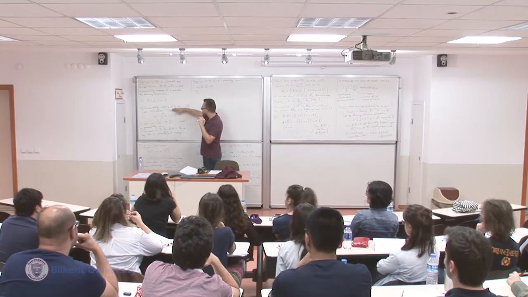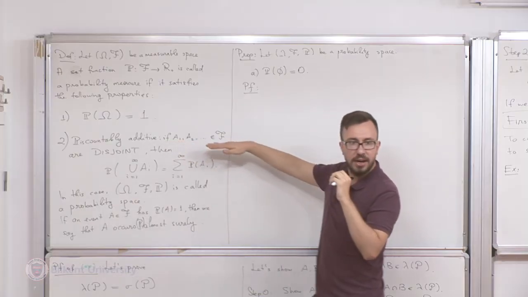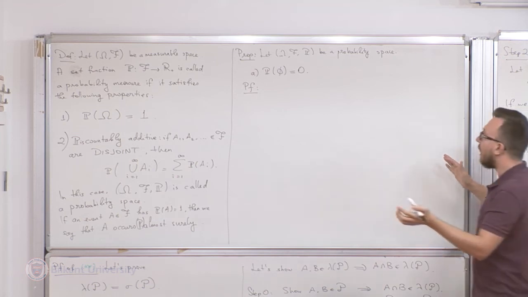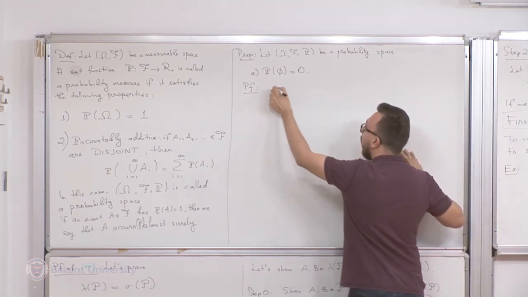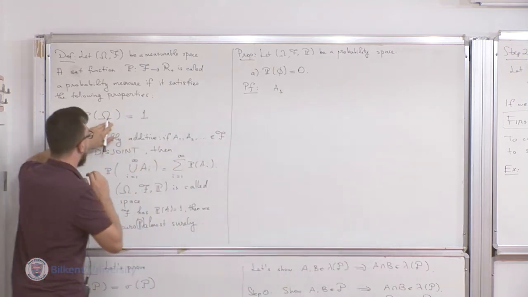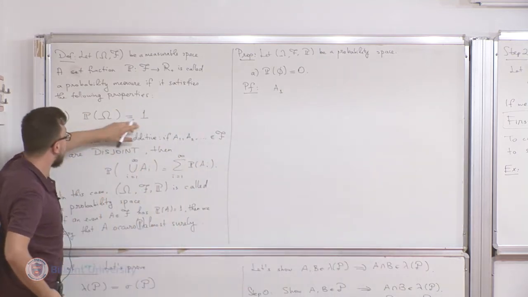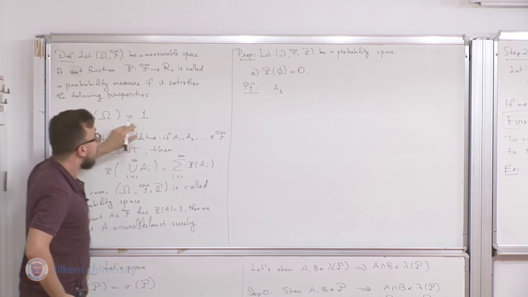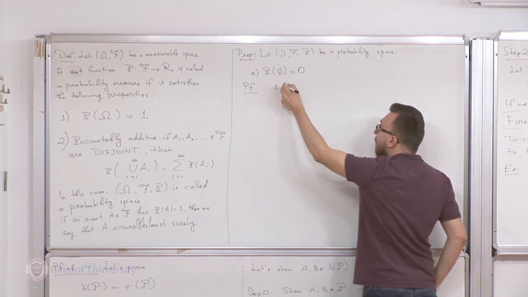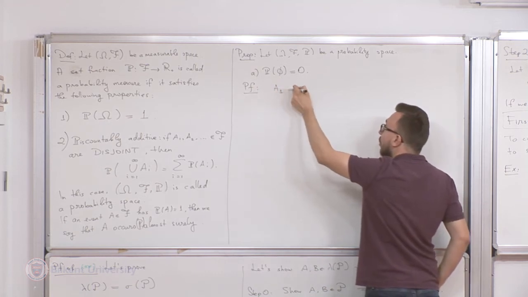So let's try to find A1, A2, etc., okay, that are just empty set and the full set, okay? Because I want to use the full set because I have this property. I want to use the empty set because I want to prove this property. So I have maybe just these two choices.